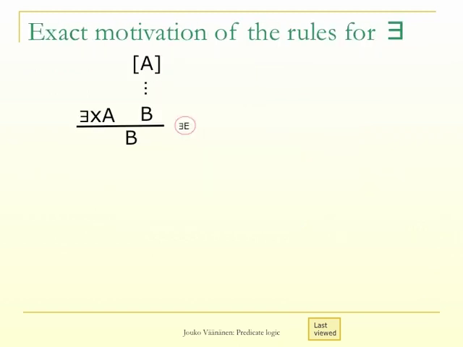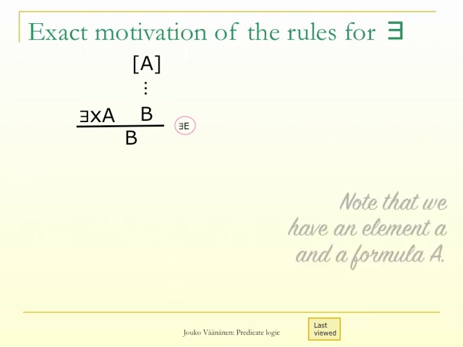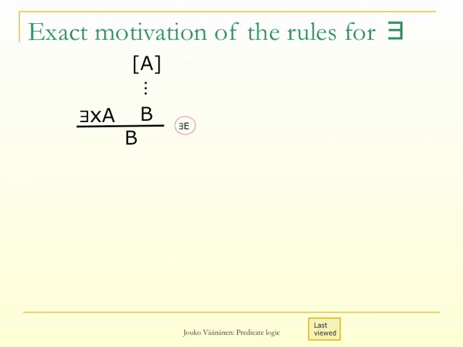Let us now discuss the motivation of the exists elimination rule and the exists introduction rule. The motivation for the exists elimination rule is the following contemplation. The intuitive meaning of ∃x A is that some object a in the universe of the model satisfies A when used as a value for x.